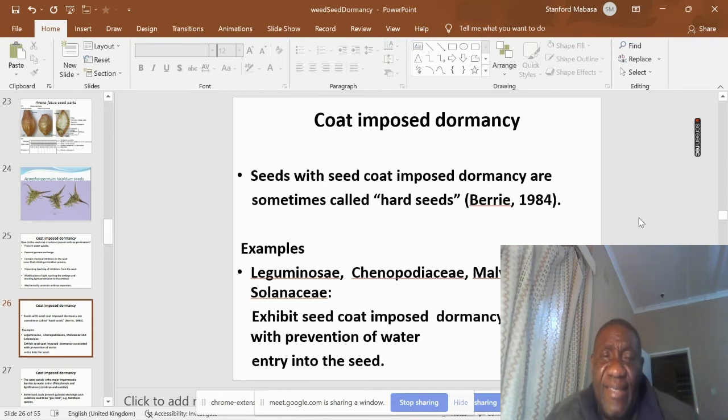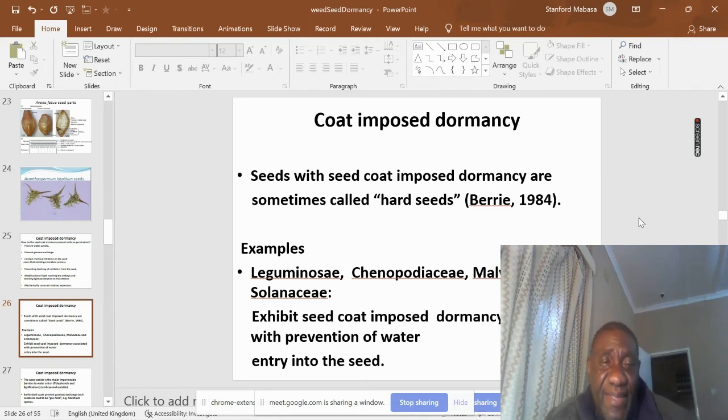Now, seeds with seed coat imposed dormancy are sometimes called hard seeds, where the seed coat is playing an important role.